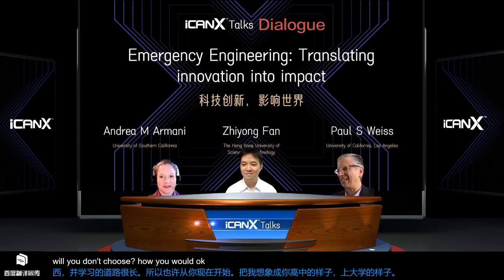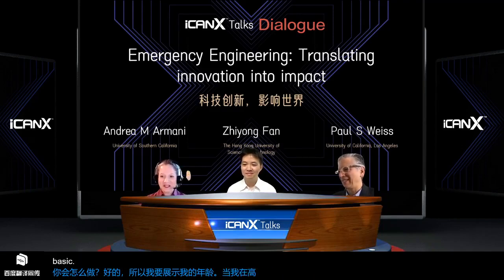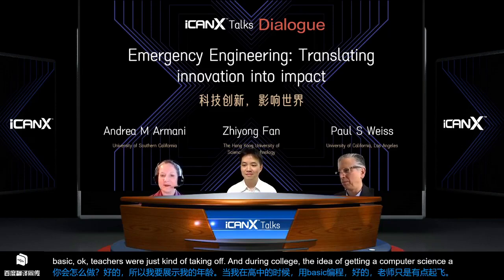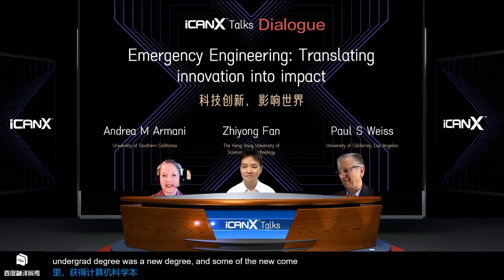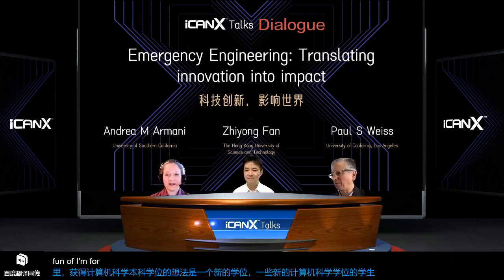Okay. So I'm going to show my age. When I was in high school, programming was in BASIC. So computers were just kind of taking off. And during college, the idea of getting a computer science undergrad degree was new. And some of the new computer science degree students were kind of made fun of for getting this newfangled degree.